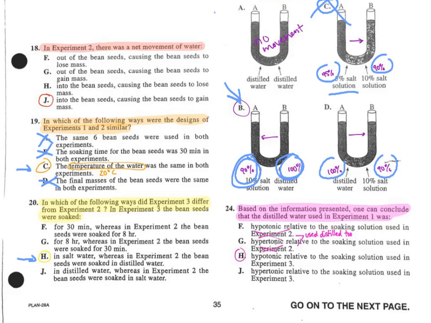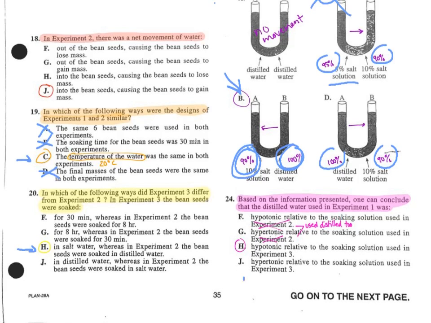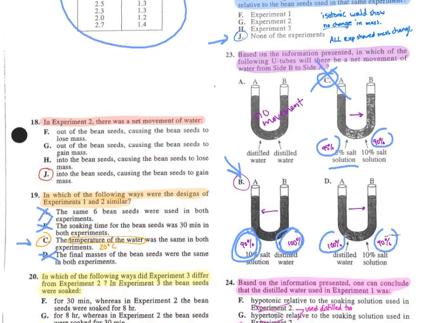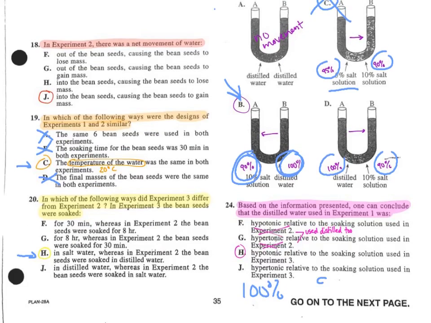Distilled water is 100% water, and the solution in experiment 3 was 5% salt, or 95% water. So the water from experiment 1, which was 100%, would be hypotonic because it doesn't have any salt in it. It has a lower concentration of dissolved particles. So number 24 was H.